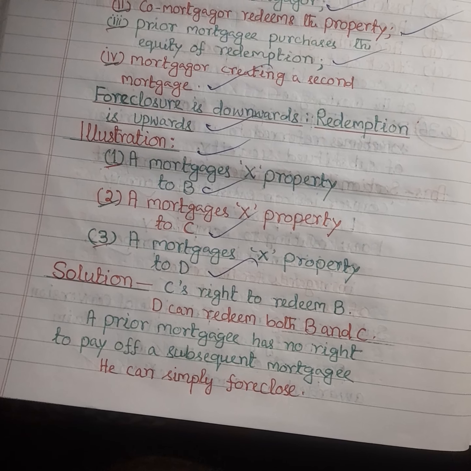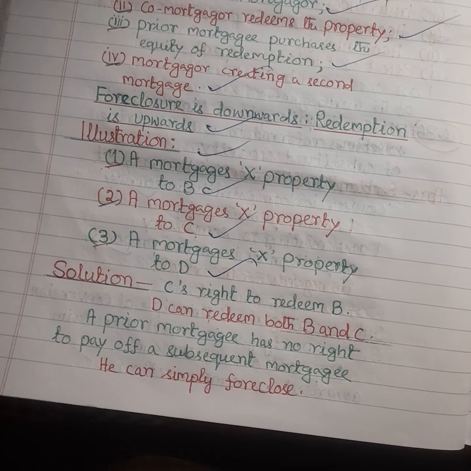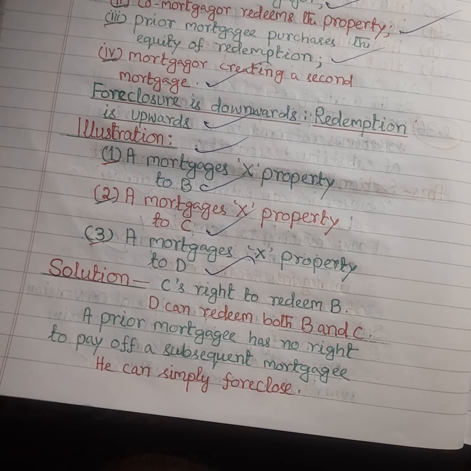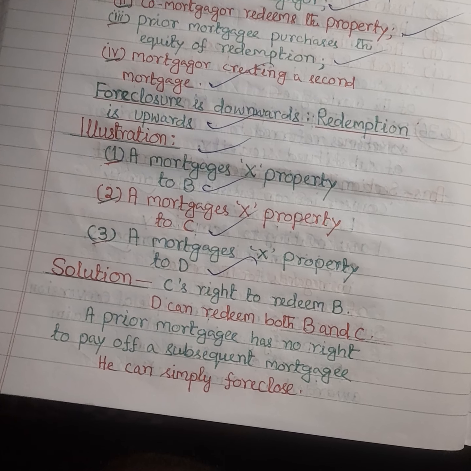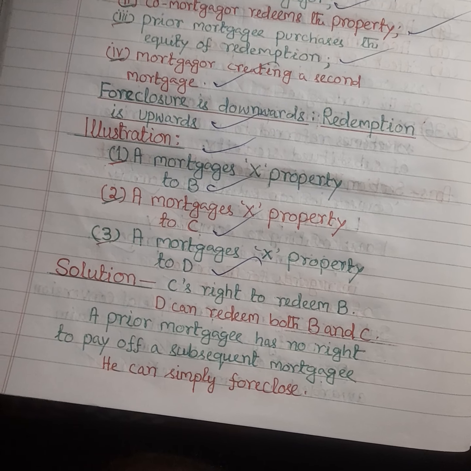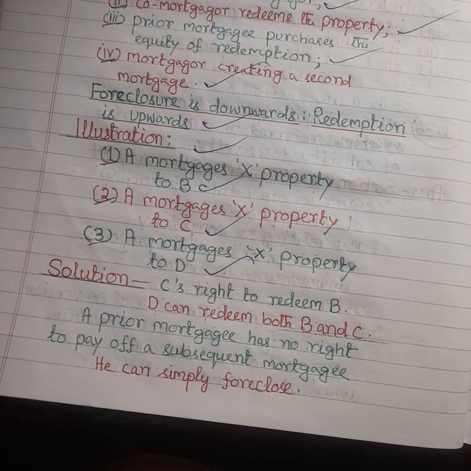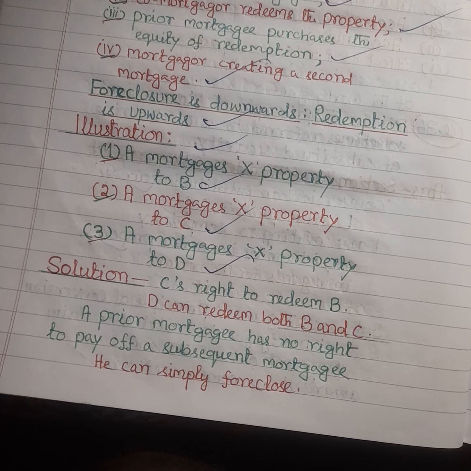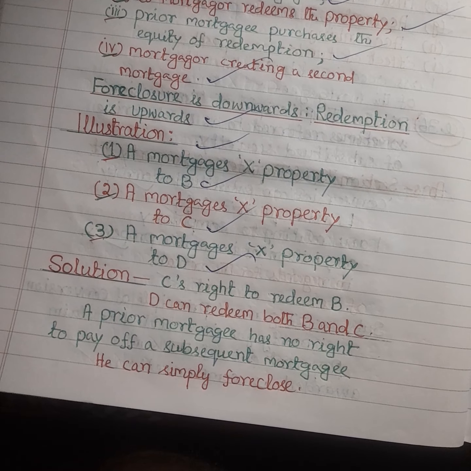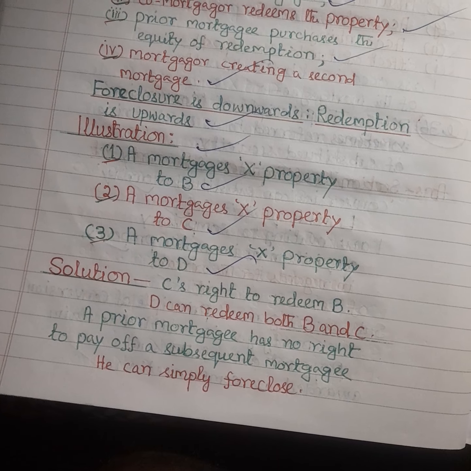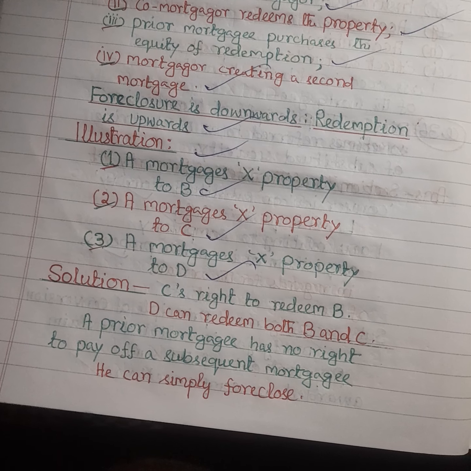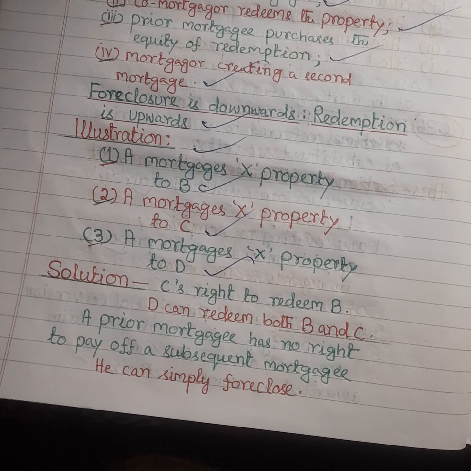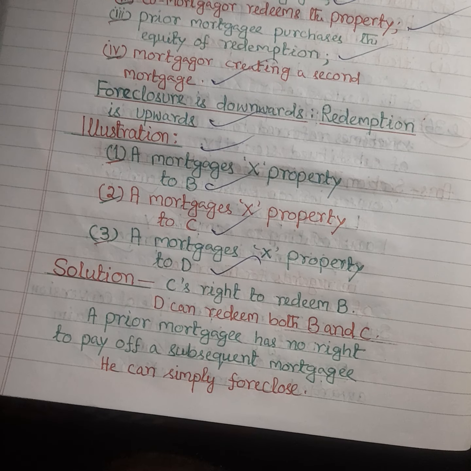There is no redeem down. That is, a prior mortgagee has no right to pay off a subsequent mortgagee. He can simply foreclose, or deprive the subsequent mortgagee of the right of redemption.